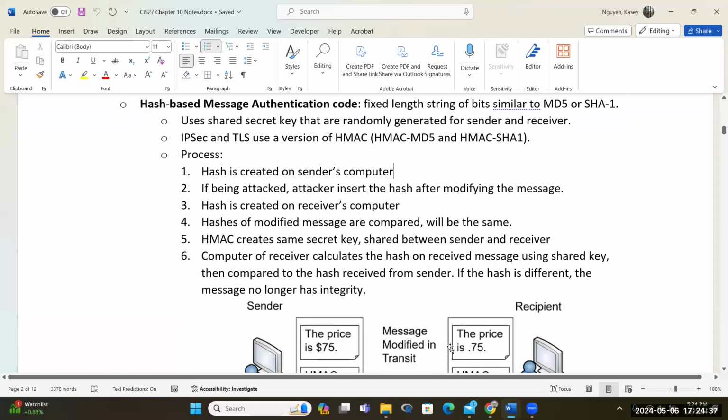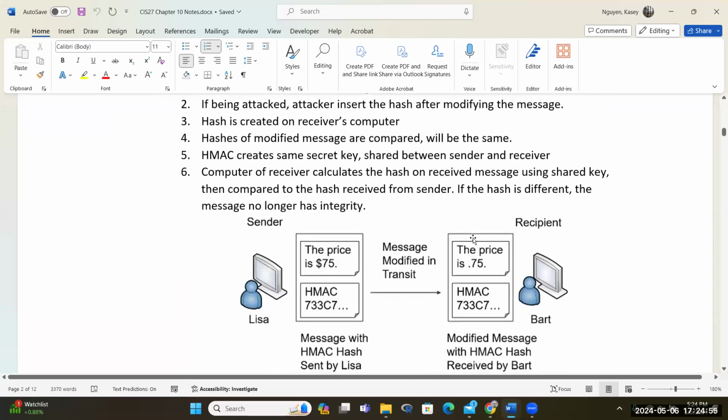So the process is described here. Once the sender generates that hash, right? If being attacked, the attacker would try to insert the hash in the modified message. And then when it gets to the recipient computer, the hash of the modified message is then compared to see if it's the same.